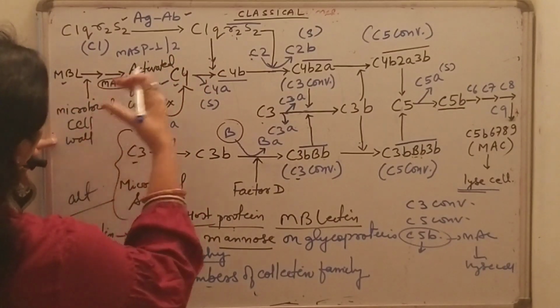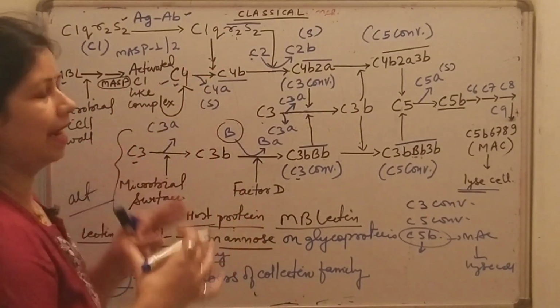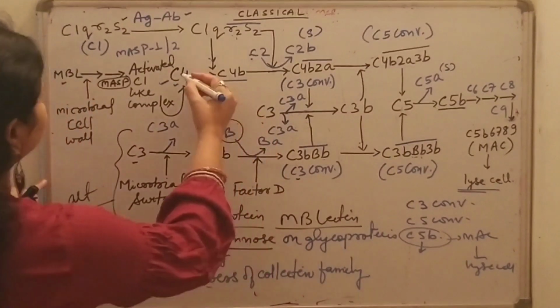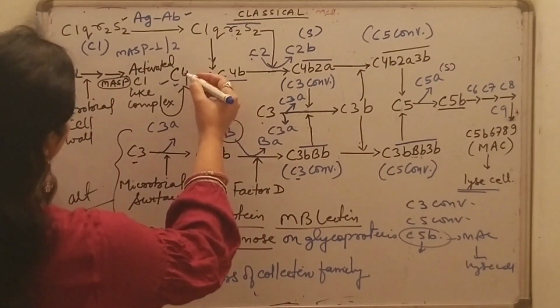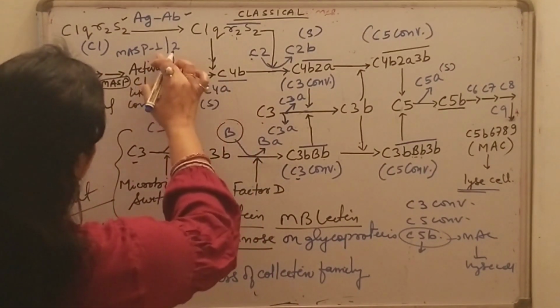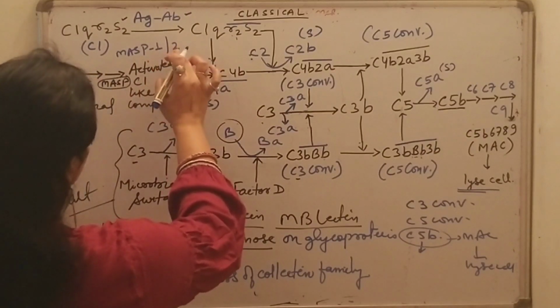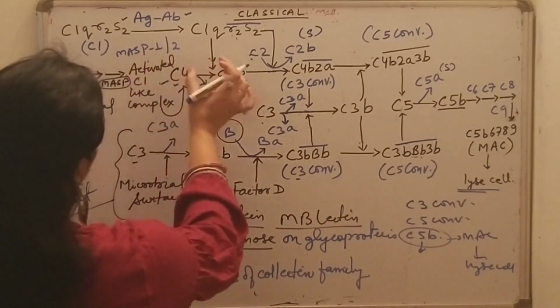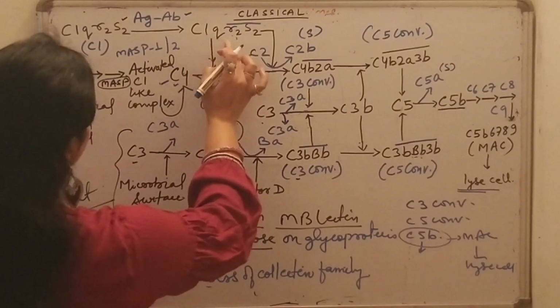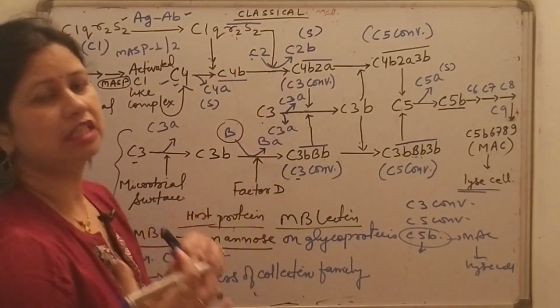The active complex formed by this association causes cleavage and activation of the C2 and C4 complement proteins. MASP1 and MASP2 are structurally similar to C1r and C1s and their activities are almost similar.